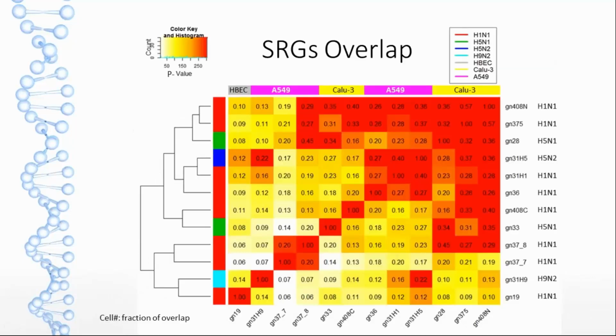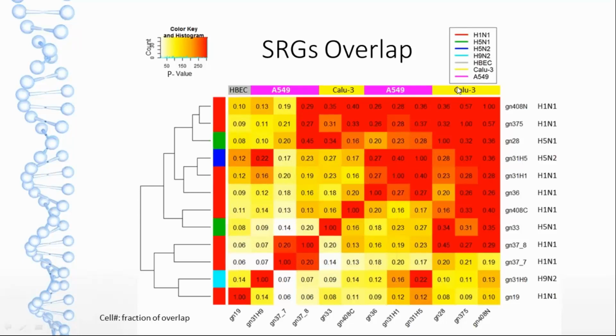So just to give some feeling of how similar or different these responses are, this heat map shows the significantly responding genes of all these 12 data sets, and the color codes on the edges, on the top and the left side, indicate the different scenarios.